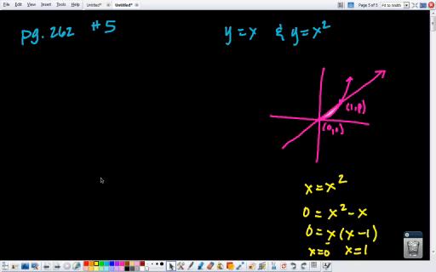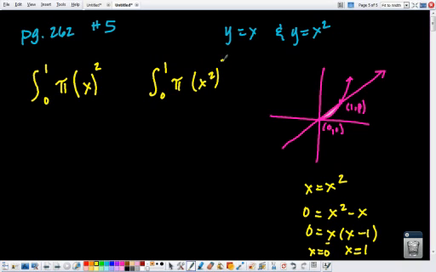So we're going to basically find the integral from 0 to 1 of pi times f of x squared. So we have to do the upper bound first, which is x, squared, and then we do the lower bound also from 0 to 1, which is pi times x squared, and remember we're taking the integral, so we need to tack on a dx here.